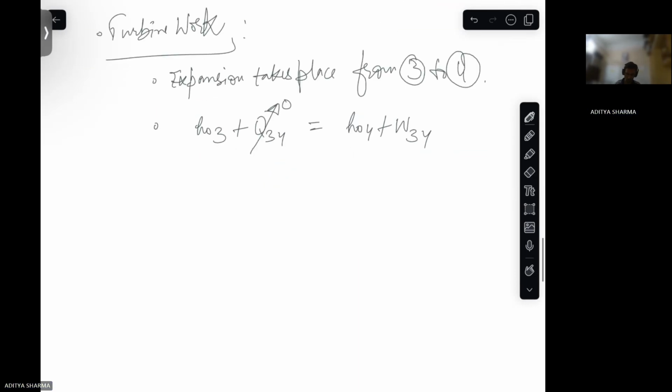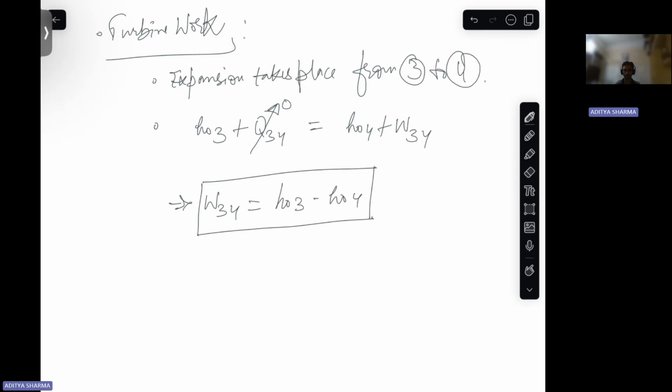Now, there is no heat involved here, but we get work output. So W34 is H03 minus H04. So this basically is your turbine work.